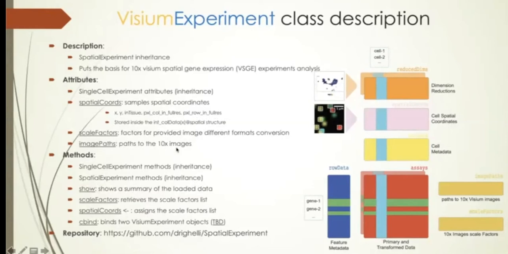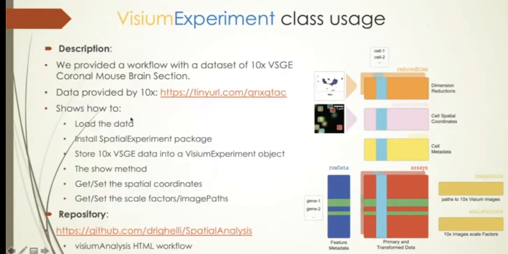Additionally, it provides multiple images in different formats, and to interchange between these images, you need some scale factors. So that's why we also provided the methods for handling these other attributes, and we provided a class usage always in the same repository, but with a different name.